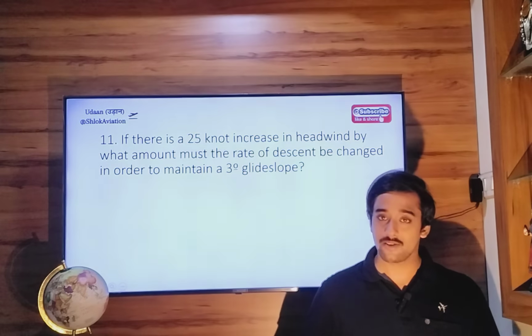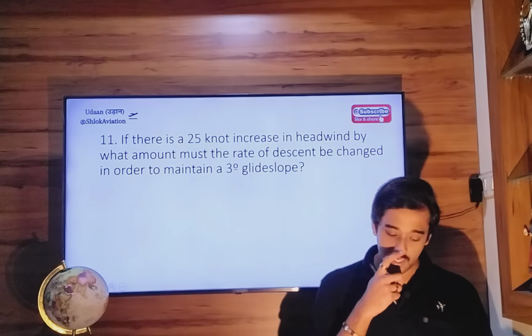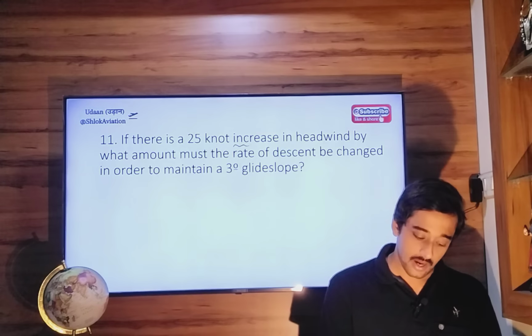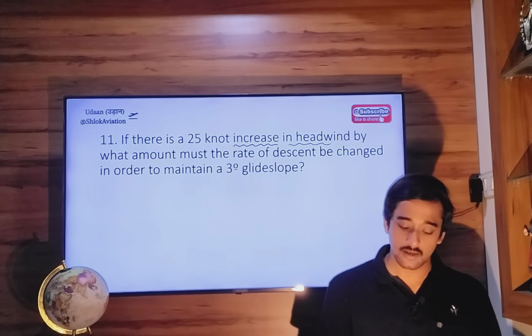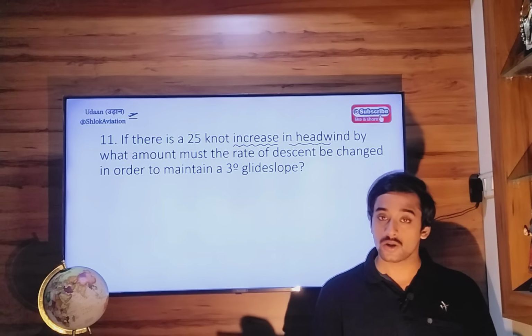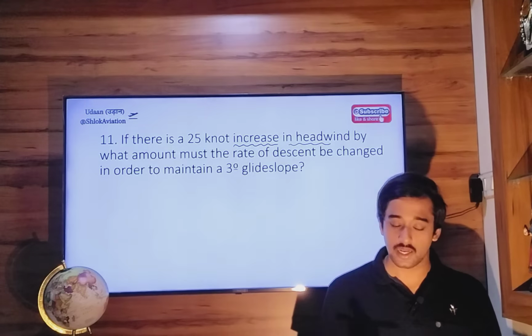Now, question number 11. If there is a 25 knot increase in headwind, by what amount must the rate of descent be changed, increased or decreased, in order to maintain a 3-degree glide slope?